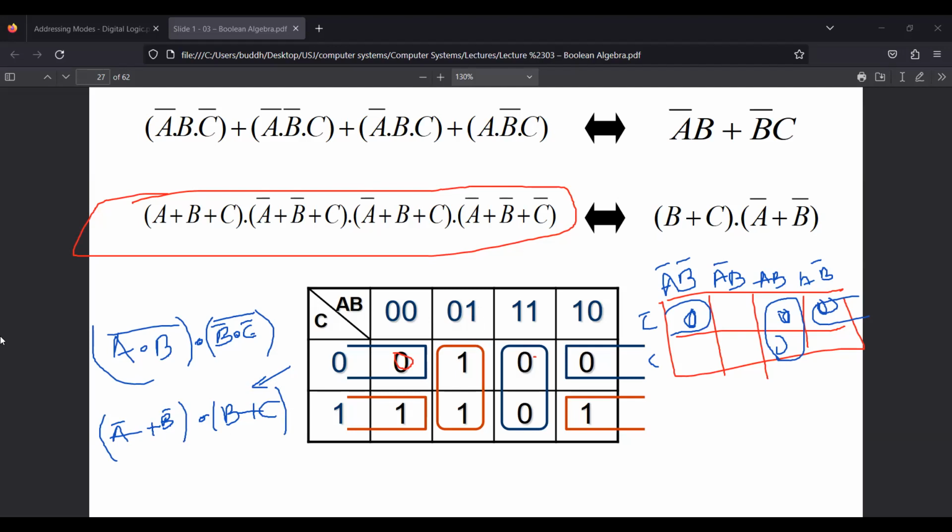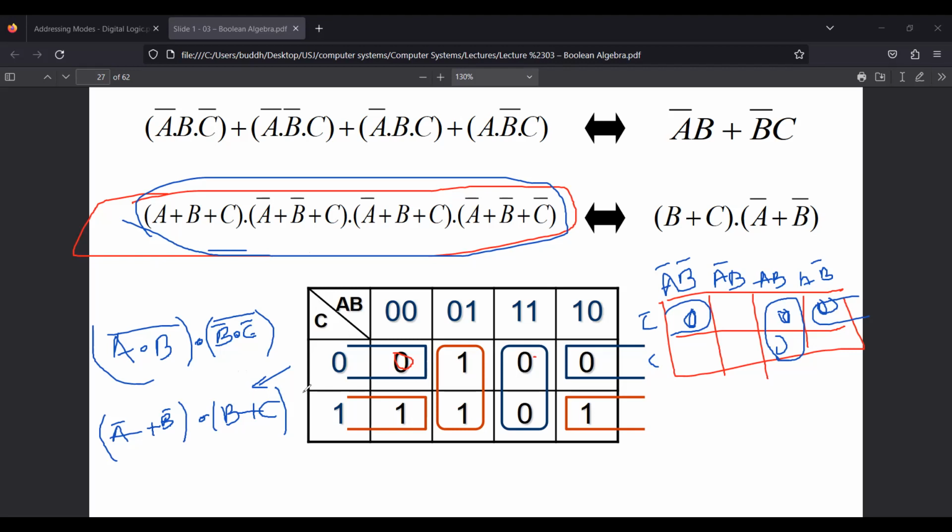It is the same as deriving the logical expression from the truth table. The way of writing this expression is a bit similar.